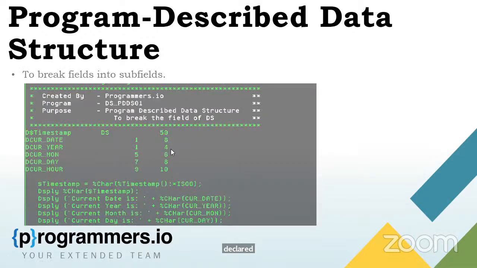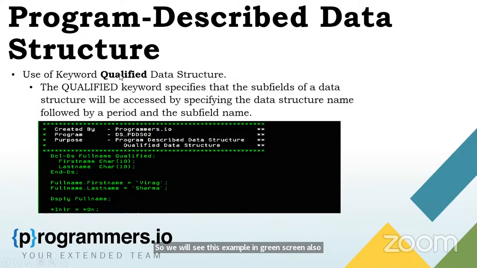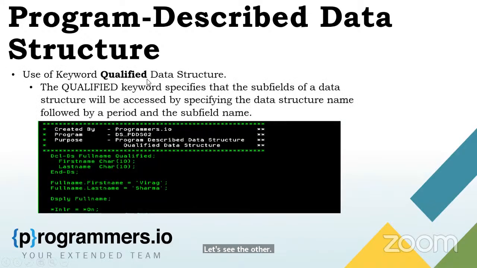Let's see the other keyword, which is qualified. Qualified basically specifies that the subfields of the data structure are accessed by using the data structure name followed by a period and the subfield name. I have declared a data structure named full name, and I have qualified it.